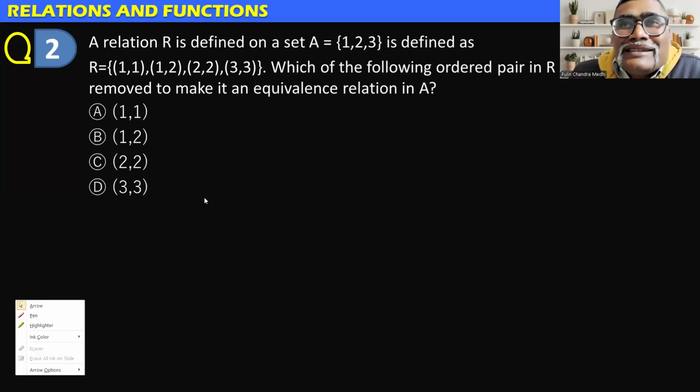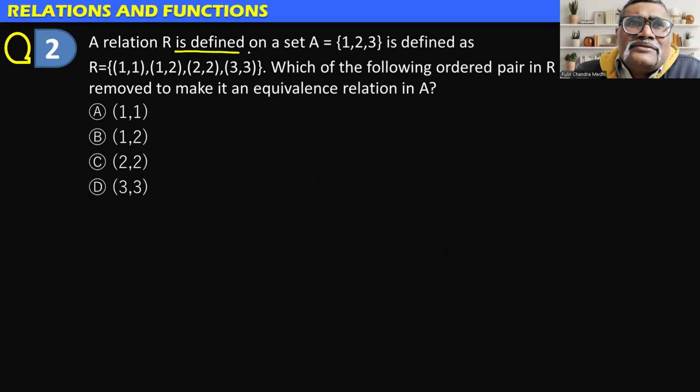Now you come to the next question. A relation R is defined on a set A, where A is {1, 2, 3}. It is defined as {(1, 1), (1, 2), (2, 2), (3, 3)}.